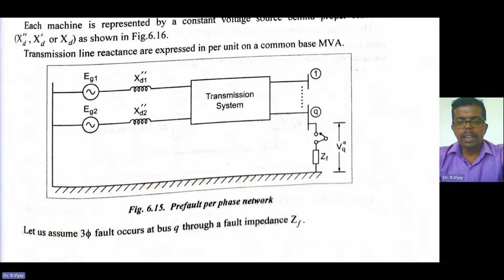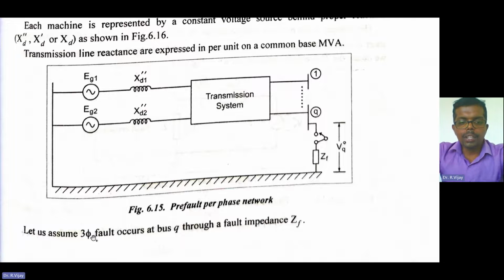Say for example, in the fault analysis, if negative sequence current is happening in that particular line, we need to take that negative sequence fault current into account and solve the problem. That you already studied in detail in your previous classes.